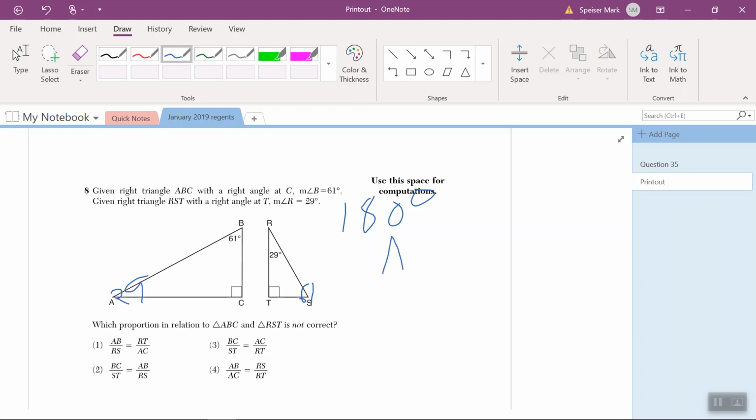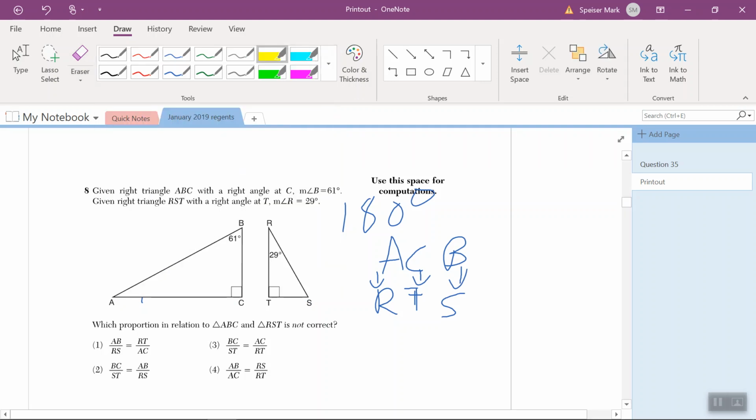Label the triangles' names right on top of each other: the 61 degree angle S goes with B, C goes with T, A goes with R. So A has to go with R, C has to go with T, and B has to go with S. So which relation will not work? Let's try each one, and we'll highlight each one separately.